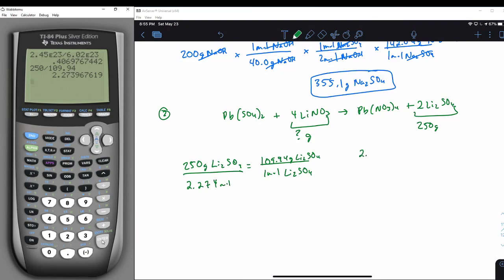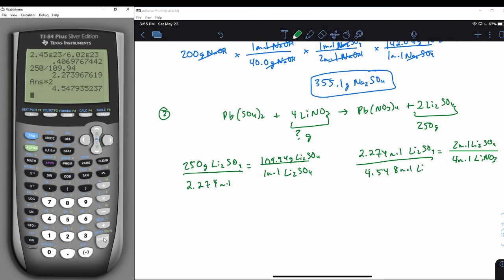Now, that 2.274 moles of Li2SO4 needs to be converted into LiNO3. And the mole-to-mole ratio is 2 moles of Li2SO4 to 4 moles of LiNO3. So really, you're doubling this. So we're going to double this here, and we're going to realize that you need 4.548 moles of LiNO3.